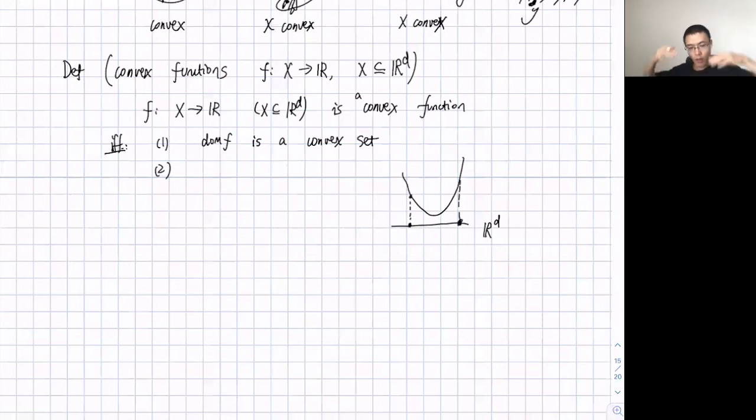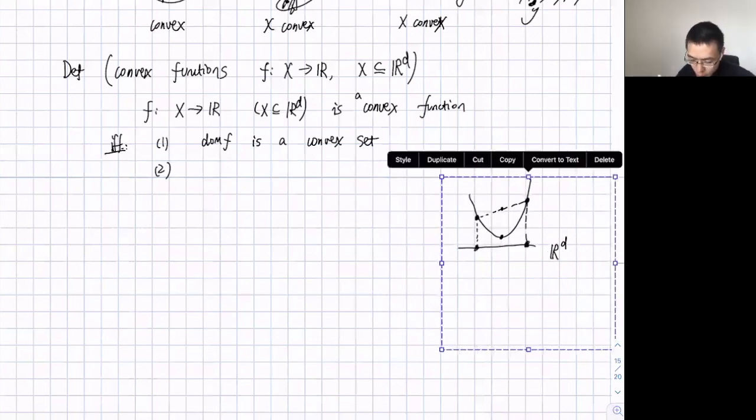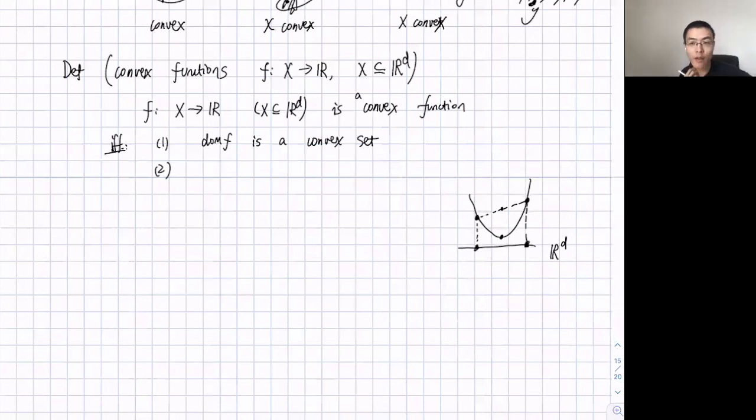Then if it's curving up, it means that in the middle, the function value should be lower than the average of your function values. So the function value of the average should be lower than the average of these 2 function values. So what is average? The average is the weighted average by lambda.